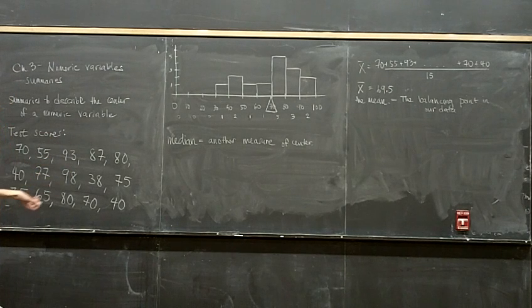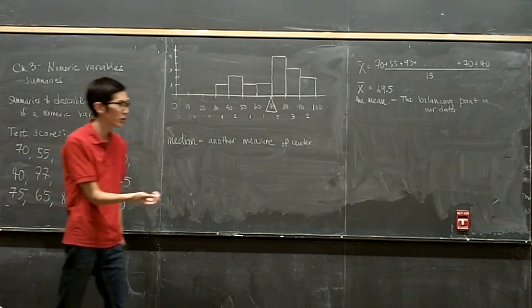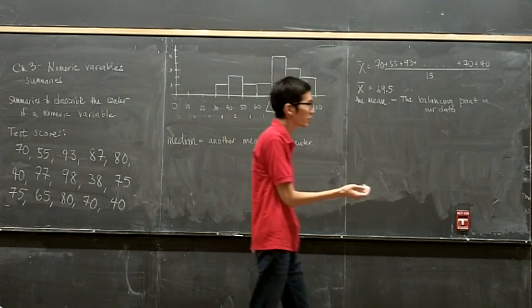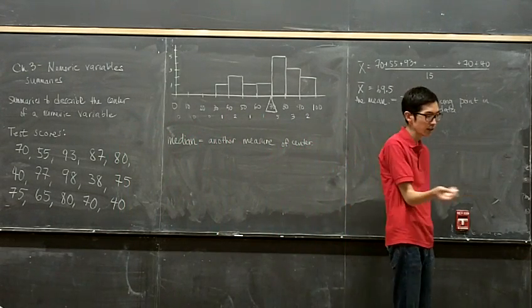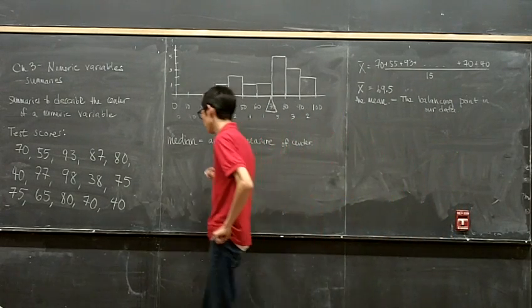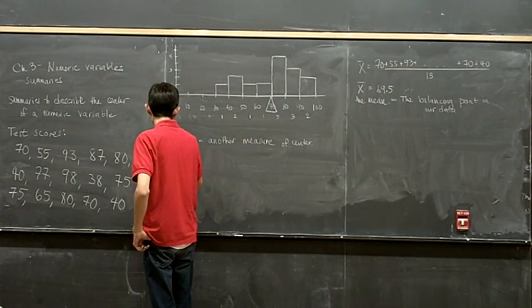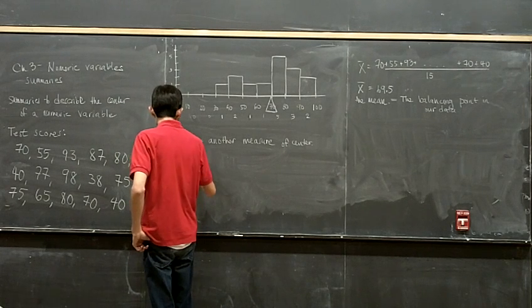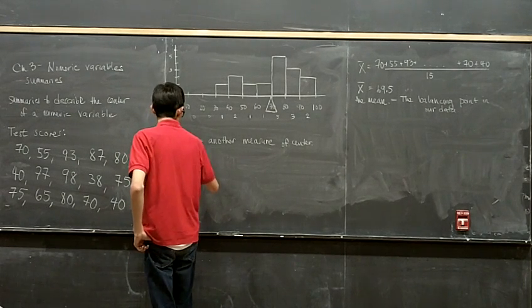So the median here is the central point. This is a number where half of the data is larger and half is smaller. So this can be thought of as the middle point.